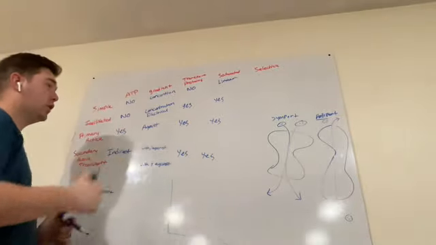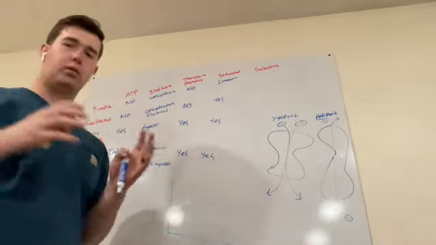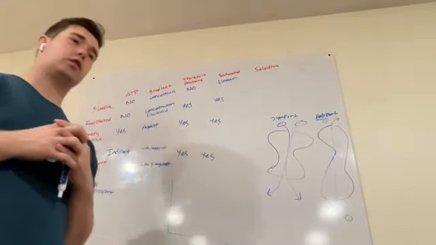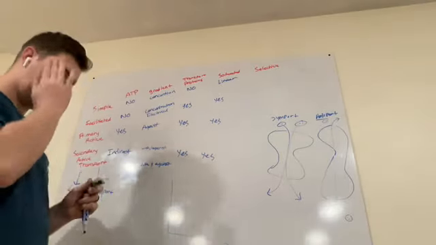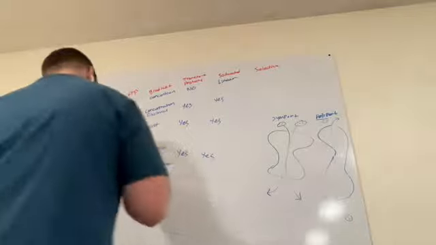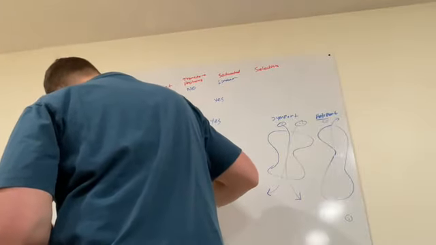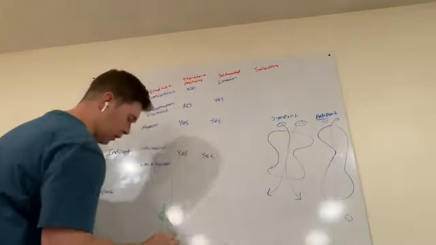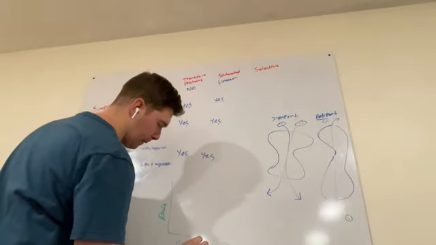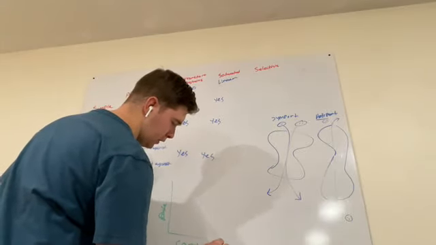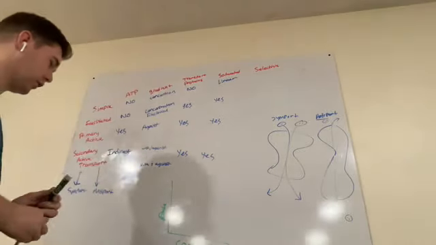Anyways, saturation is when we get so much of one molecule that it starts becoming too much. So this graph is going to be in concentration. These are affected by saturation.